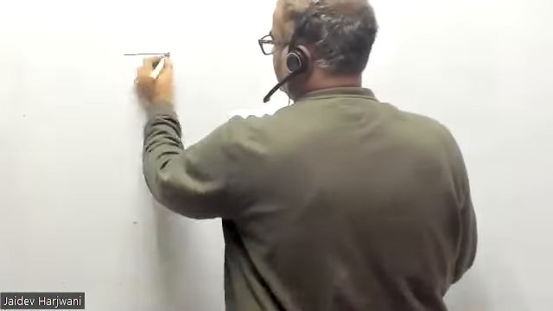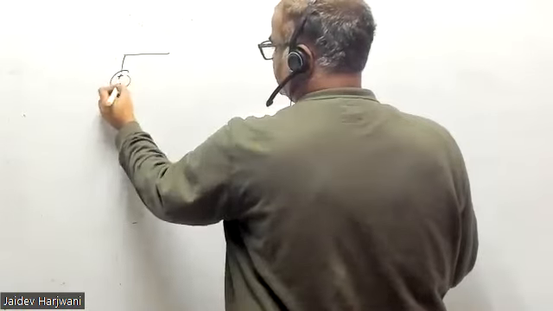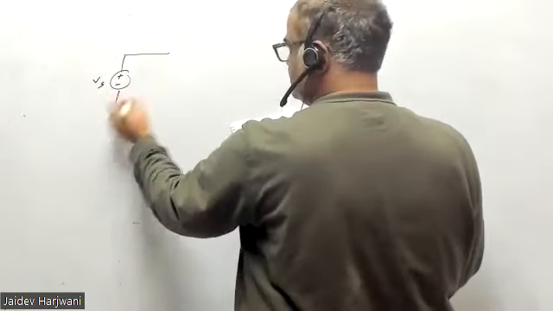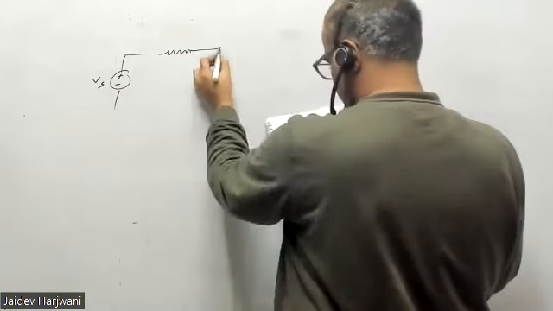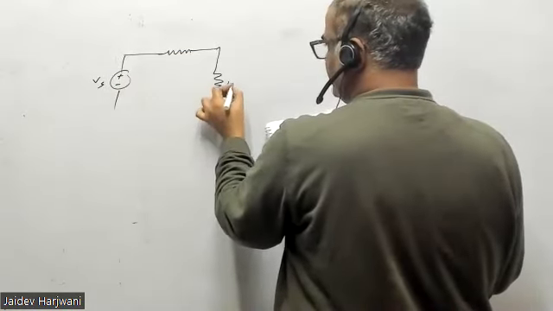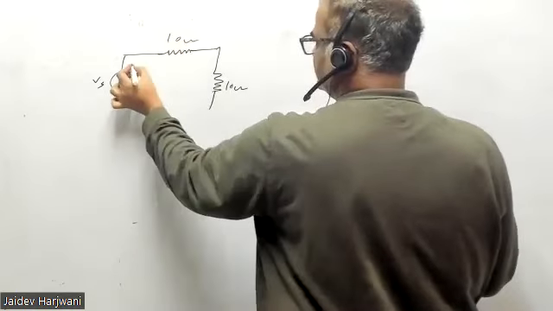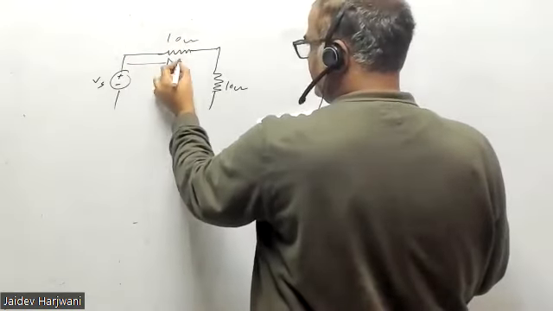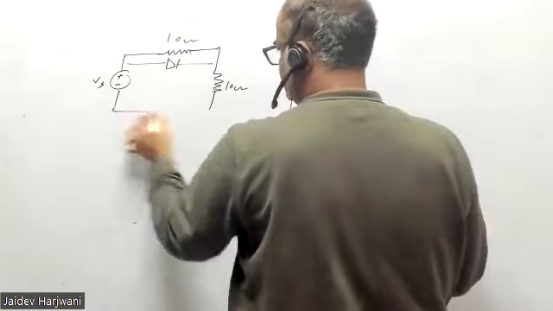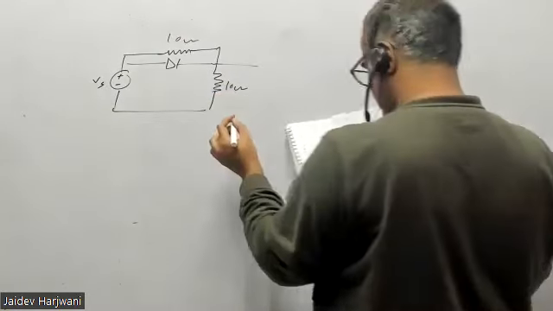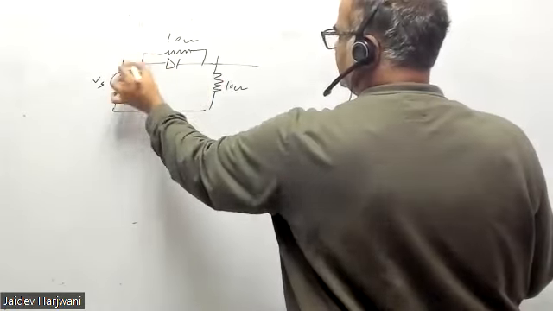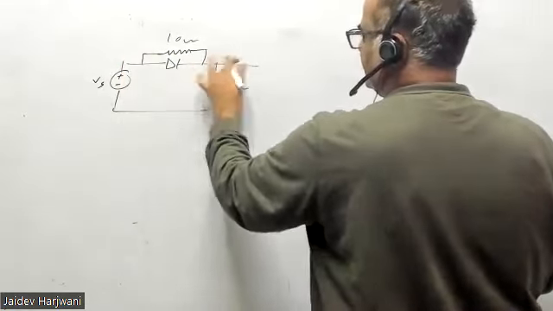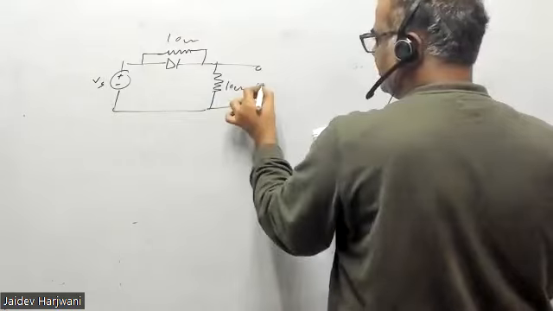You have plus minus Vs, a 10 ohm resistor, and a diode here, exactly like the same circuit, and you are measuring V naught here.